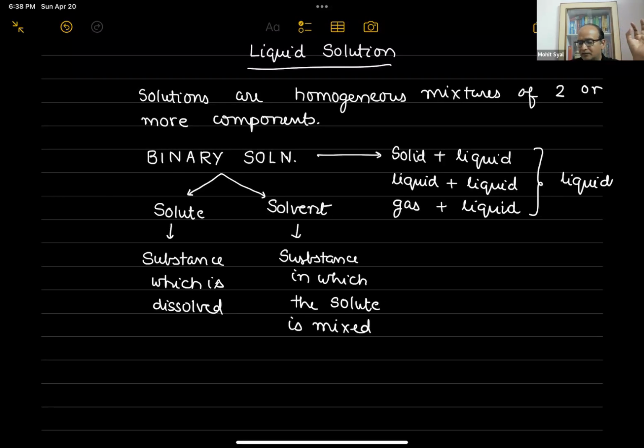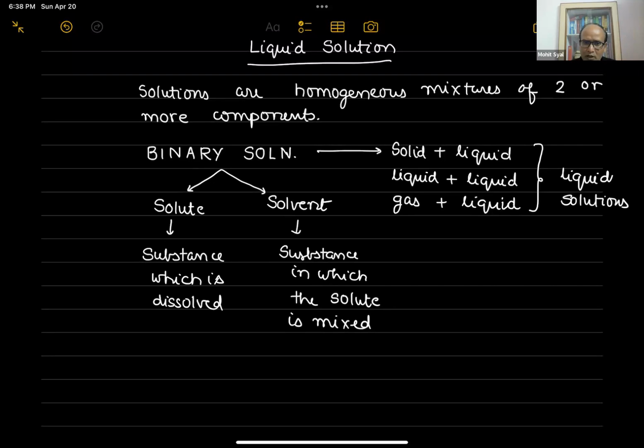We know that. And in a liquid solution, one component is solute, as you very correctly said. Another component is the solvent. Solvent is generally present in large quantity. It is the medium for the dissolution of the solute. I hope it is clear, right?